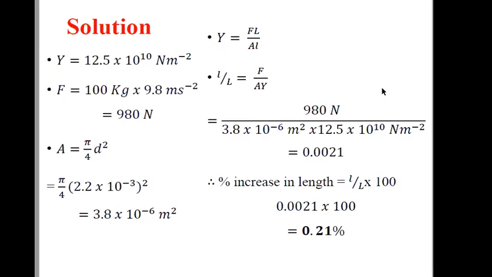Harsha and Vishnu, both check your decimal place. Prashant is correct, it is 0.21%. Got it? Okay, very good.